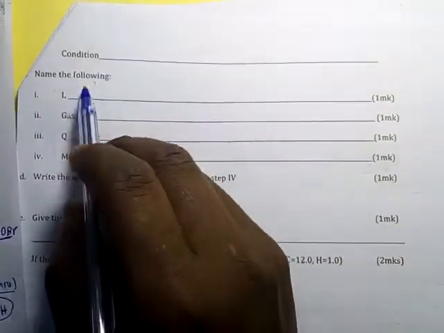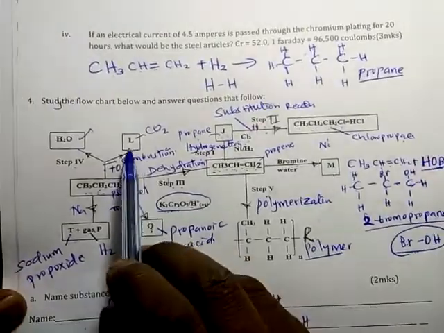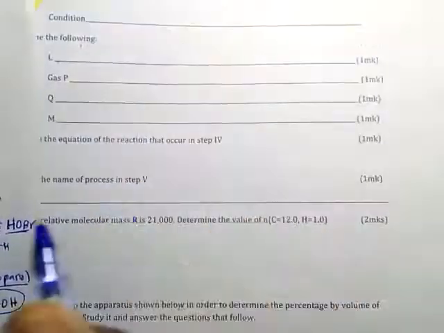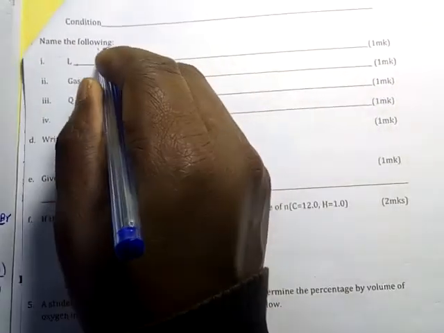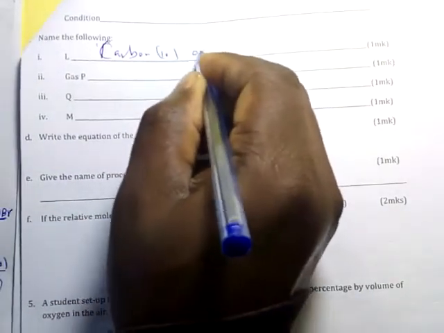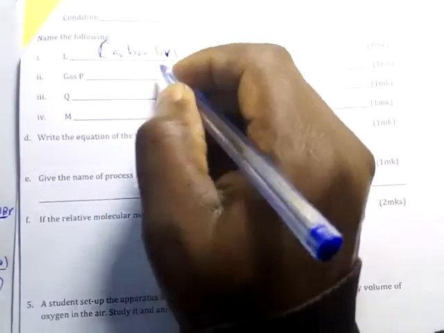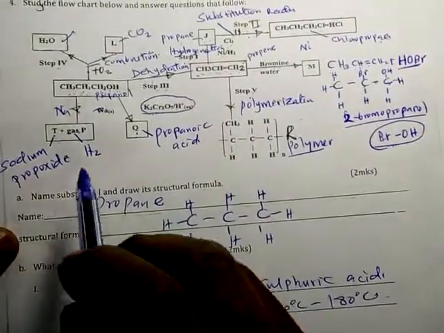Name the following. L is carbon dioxide. Because you have been told to name, you give the name carbon dioxide. Gas P. What was gas P? Gas P is hydrogen.